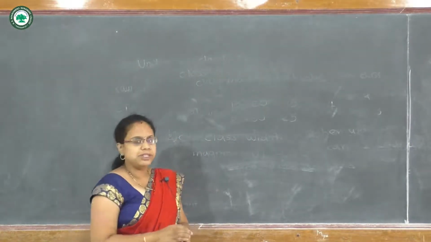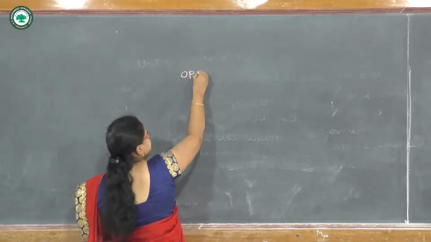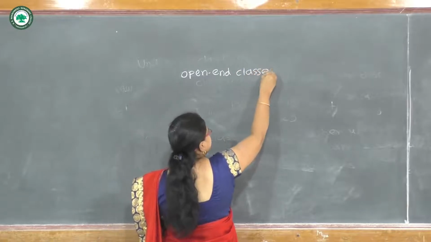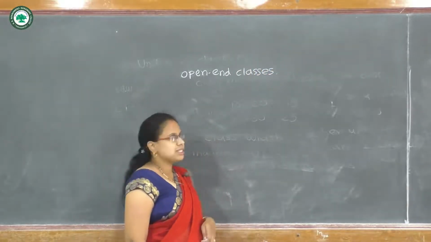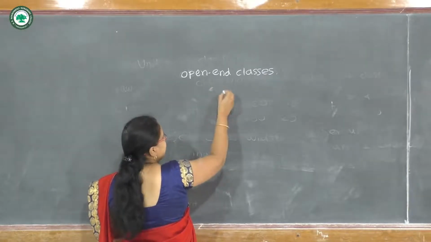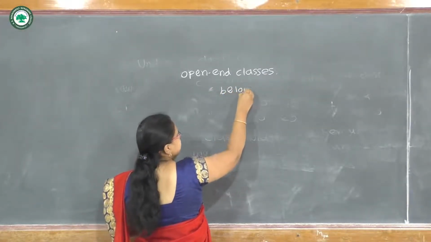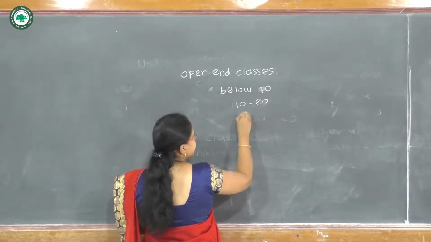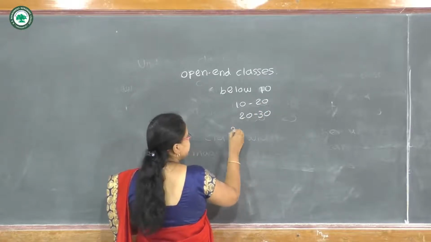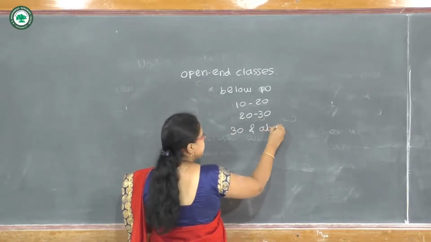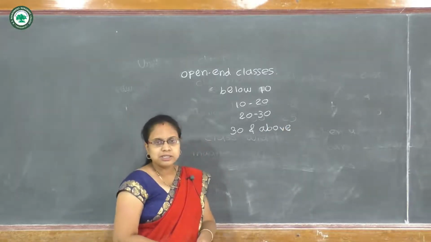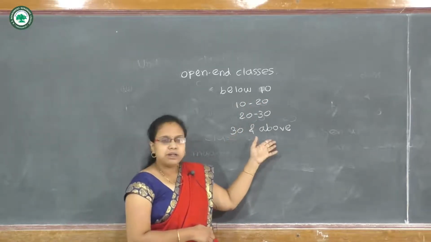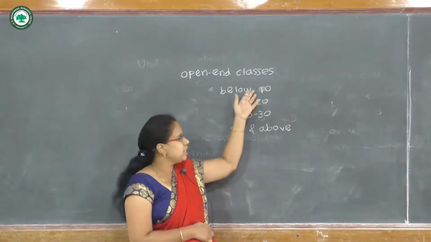The next point we will see is open-end classes. So we will see it by example. Suppose we are given a data in which the classes are these, but here we can see that below 10 and 30 and above means there is no limit for these two classes.